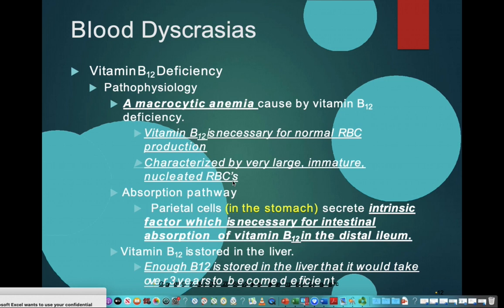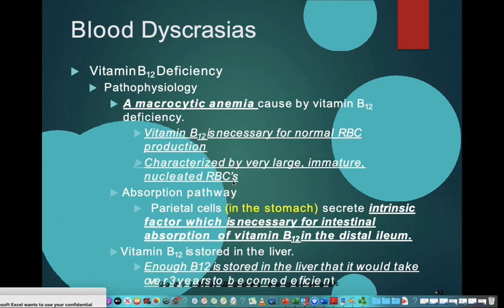That's important to know as well, because there are certain diseases of the distal ileum, such as Crohn's, right? So Crohn's disease targets the distal ileum, and if there's an issue with that part of the GI tract, then they may be B12 deficient, or they may develop a B12 anemia.